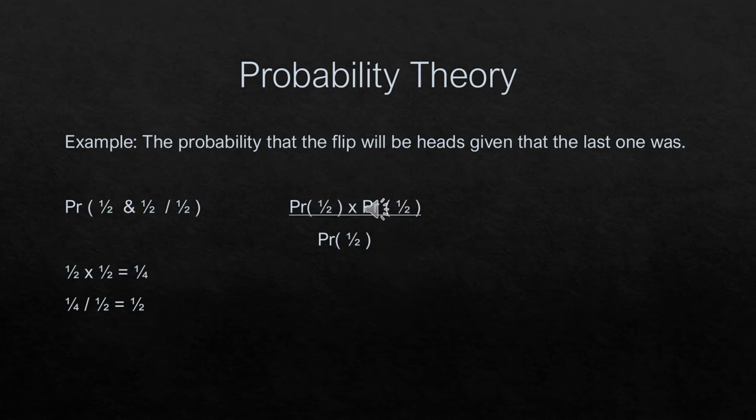So we've got 1/2 times 1/2, and that's ultimately going to be divided by 1/2. And 1/2 times 1/2 gets you 1/4, because it's half of a half. And then 1/4 divided by 1/2 ultimately just brings you right back up to 1/2.